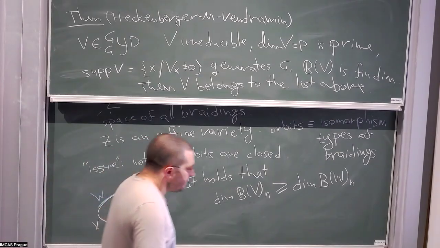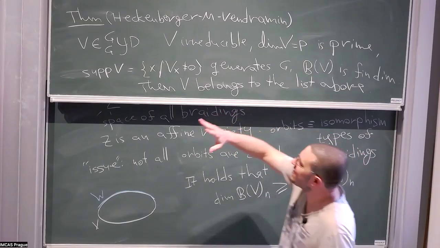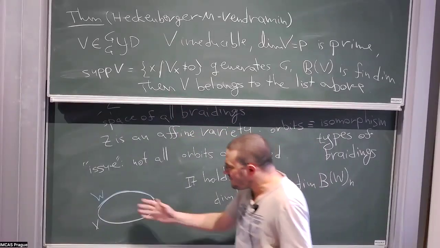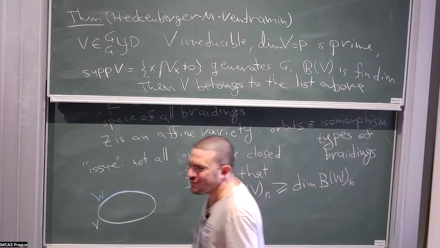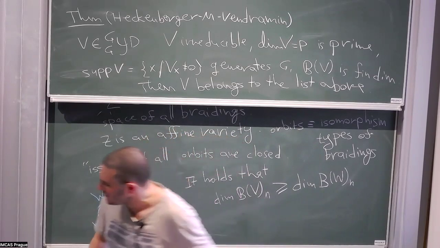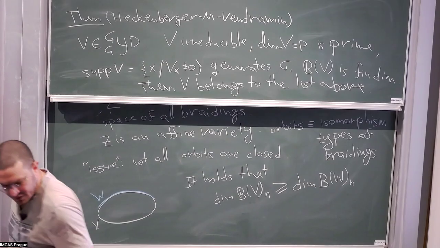Okay. Now, here's the thing that happens: we try to take such a V, and the problem that we had was that, in fact, the orbit was closed. So we couldn't really use that. However, there was something that we could have done, which was just to reduce to characteristic p.